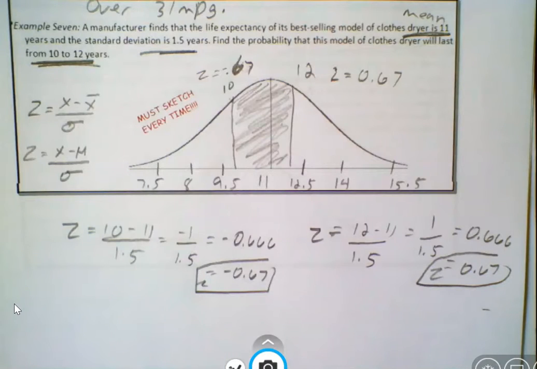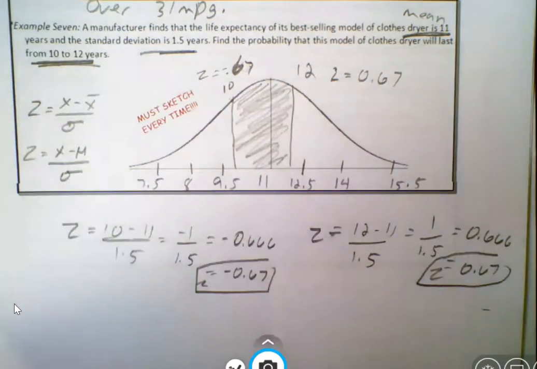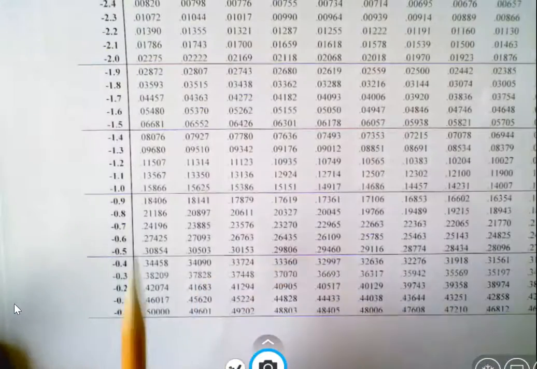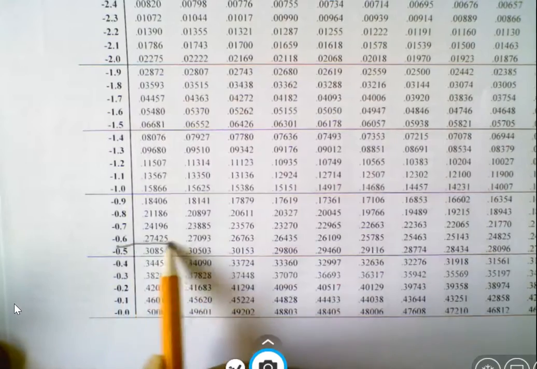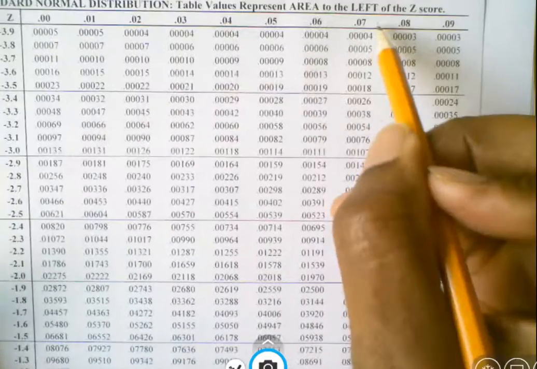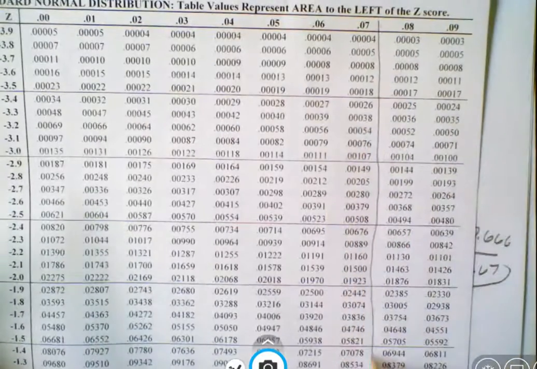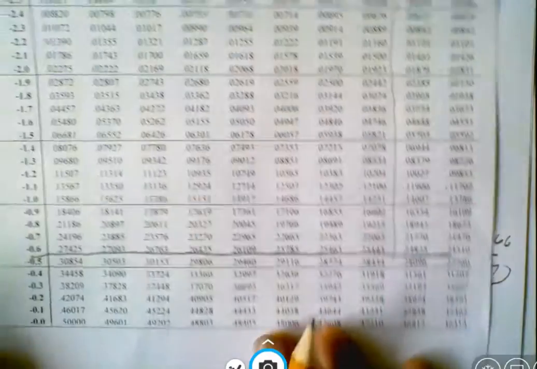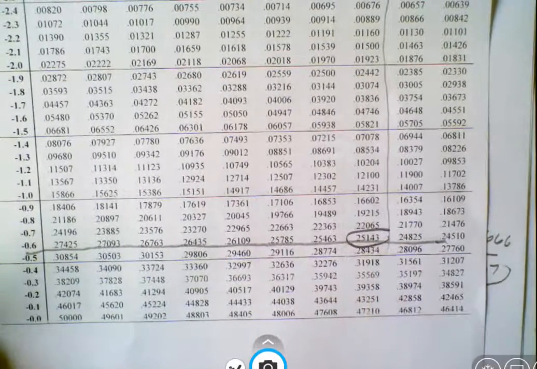On the z-score table, negative 0.67 is down here. Here's negative 0.6, go all the way over, and here is 0.07. We drop that straight down, and it looks like they meet right there.